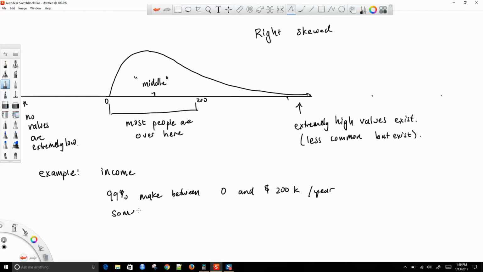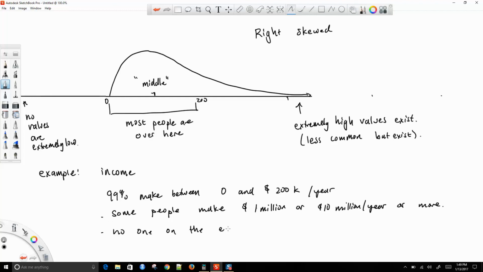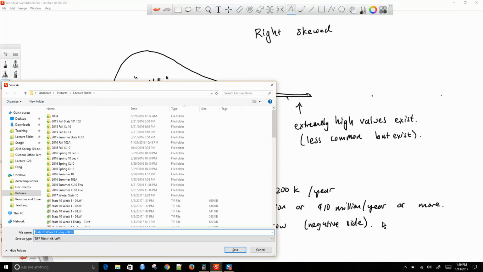Some people make 1 million or 10 million a year or more. So you have extremely high values, no one on the extremely low side. So that's skewed right.